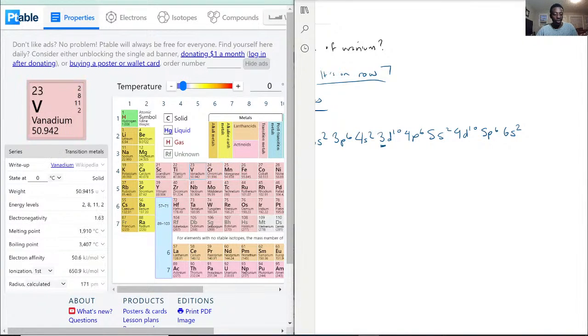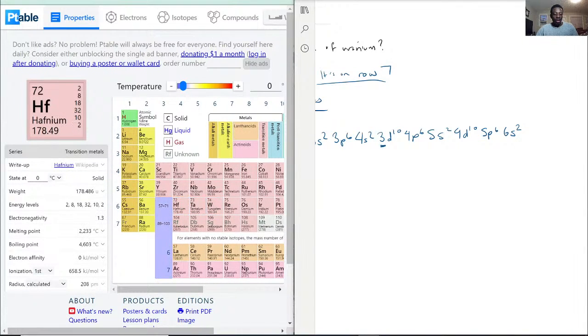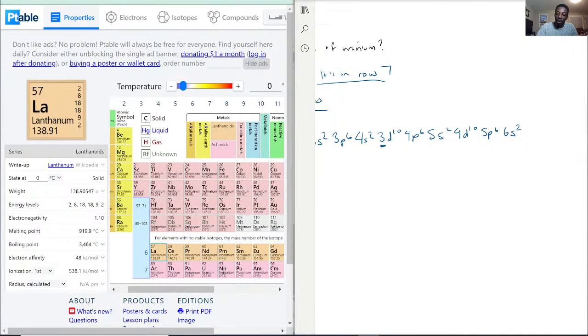For this, if we look closely, the D shell starts with lanthanum, okay? So we have 5d1 for now, because we don't know what else we have.